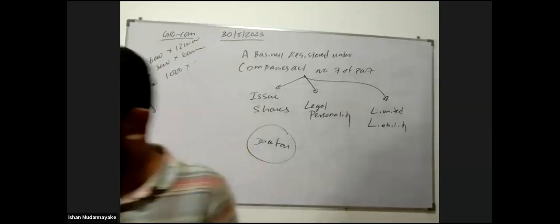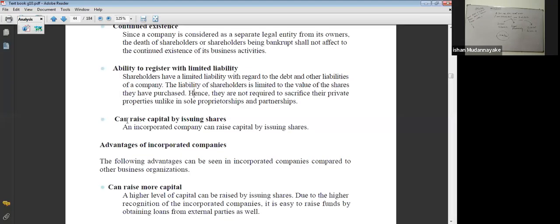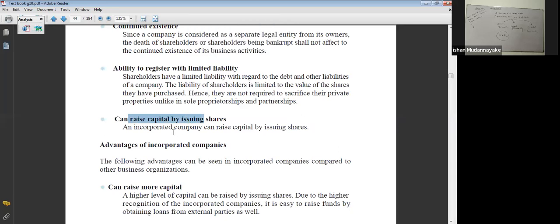Right. Then here, ability to register with limited liability is one of the characteristics in an incorporated company. And the next one, can raise capital by issuing shares. An incorporated company can issue shares to collect capital for the business organization.